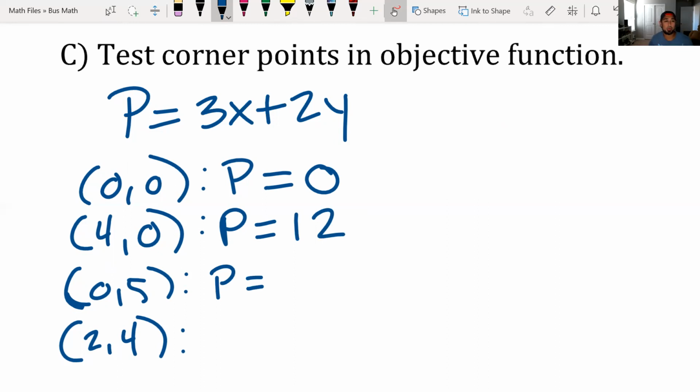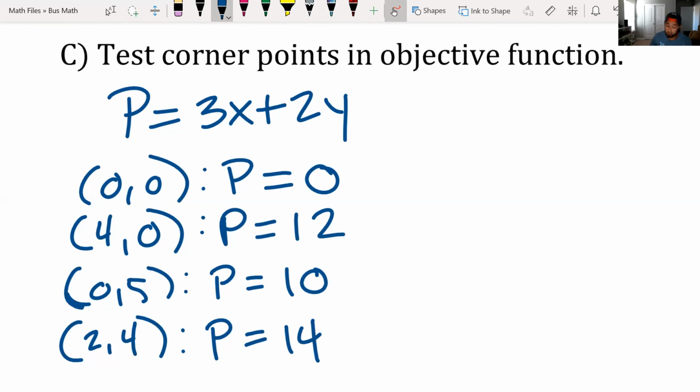If I plug 0 in for x and 5 in for y, we'll get 10. And if I plug 2 in for x and 4 in for y, we're going to get what? 3 times 2 is 6, 2 times 4 is 8, so 6 plus 8, we'll get 14.